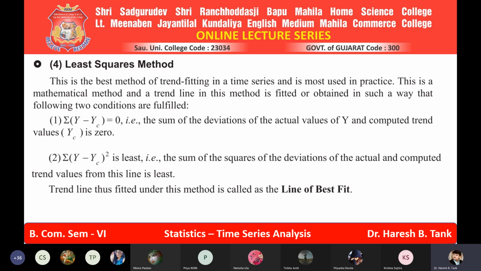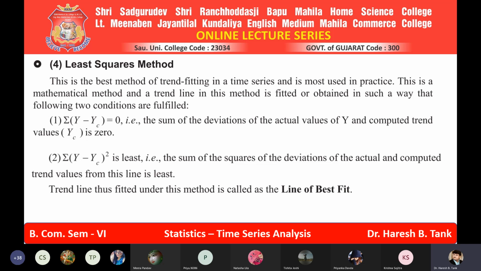One is that the sum of the deviations of the actual values of y and the computed trend, that is y calculated, is 0. That becomes the first condition. And the second condition is about the sum of the deviations y minus yc.